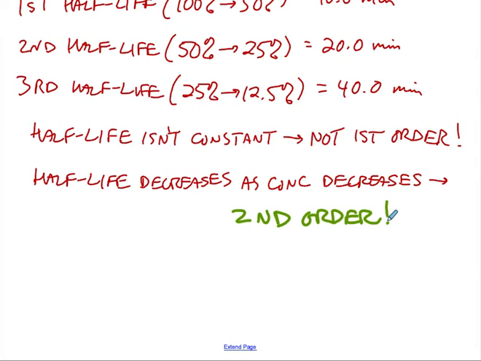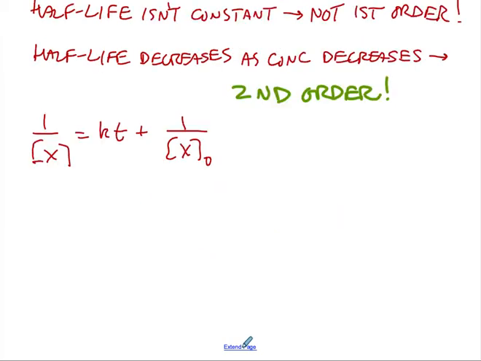Okay, so now we can write out the integrated rate law, which will be 1 over x equals kt plus 1 over the initial concentration of x. To find k, we will use the half-life, and let's go ahead and just use the first half-life, although any of them would work, as long as you use the initial concentration correctly.